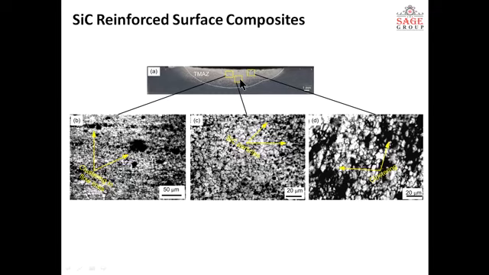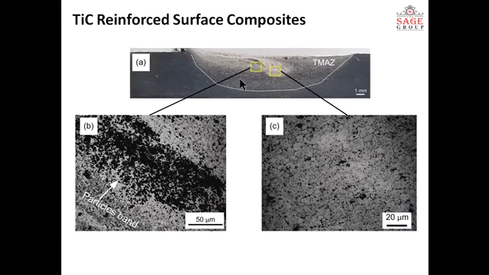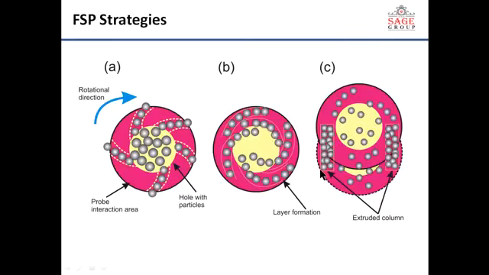This clustering, or reinforcement agglomeration, is due to improper selection of the process parameters, as we discussed earlier. It is a similar case with the TiC reinforcement, where there is some agglomeration or clustering of particles, whereas in this one there is a uniform distribution. You can see there is uniform distribution of the reinforcement particles.